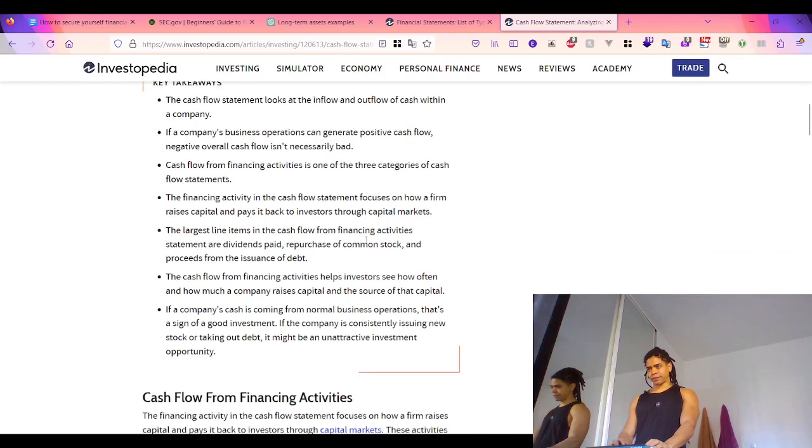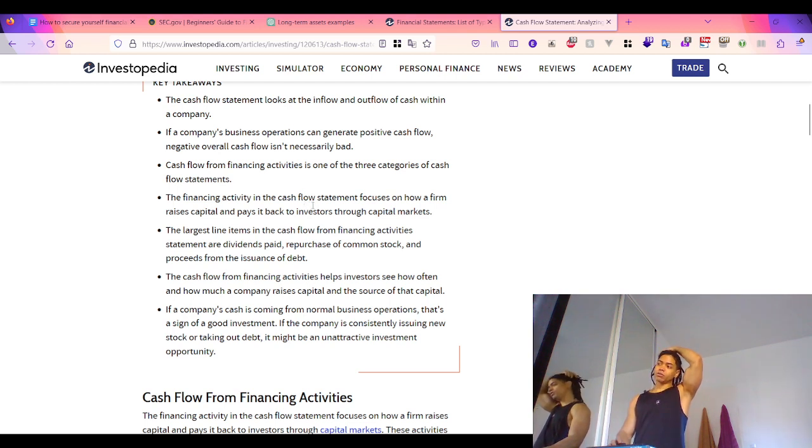So financial activity involves the company's long-term liabilities and equity, according to Investopedia. The financial activity in the cash flow statement focuses on how a firm raises capital and pays it back to investors through capital markets.